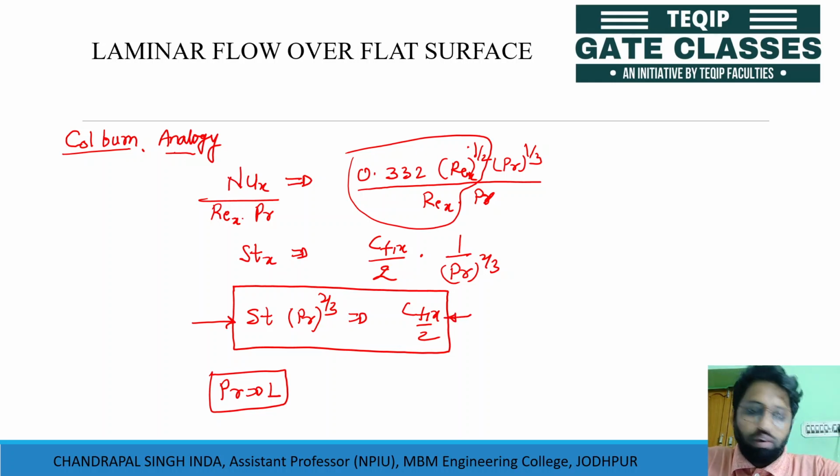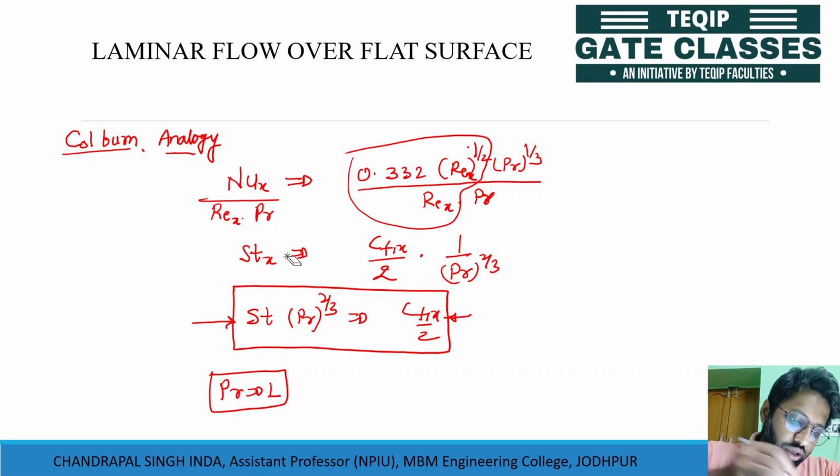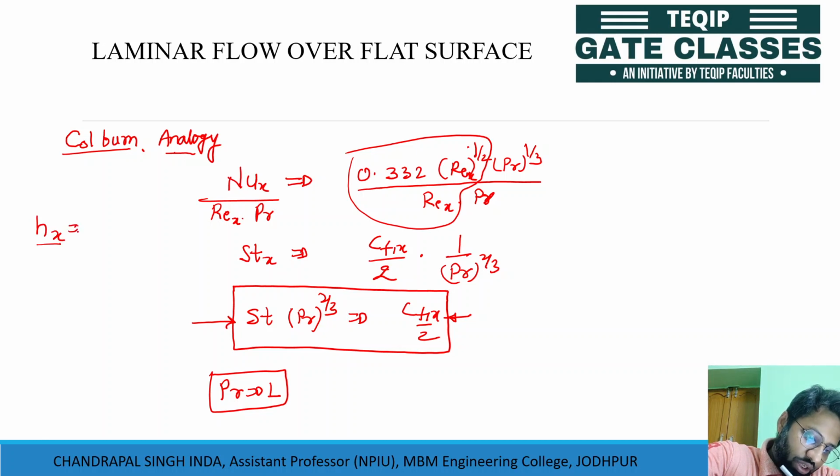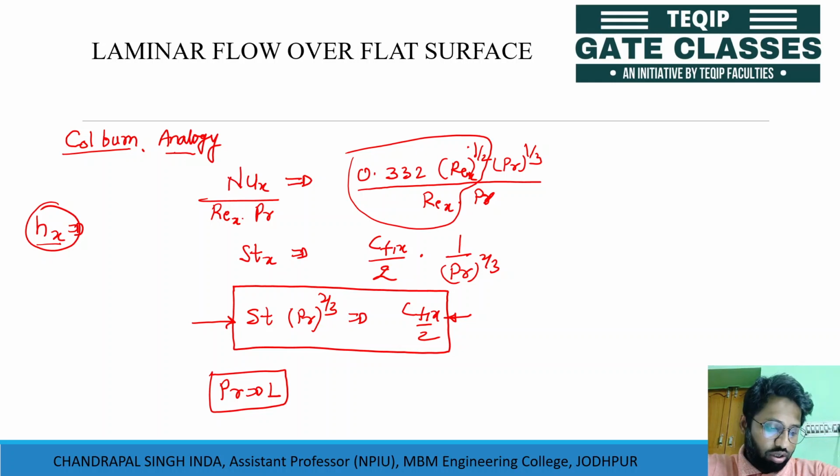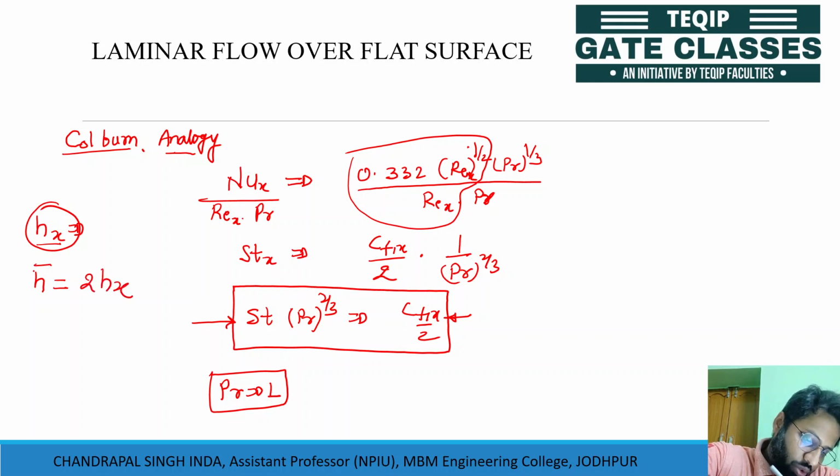So we have four empirical relationships for laminar flow given by different scientists. We will use these four to find the local convective heat transfer coefficient hx. After finding this value, we can find the average convective heat transfer coefficient h bar by multiplying by 2. That is for laminar flow.